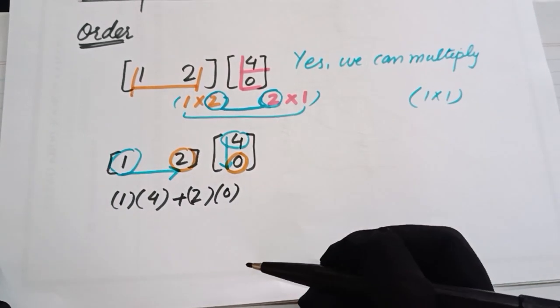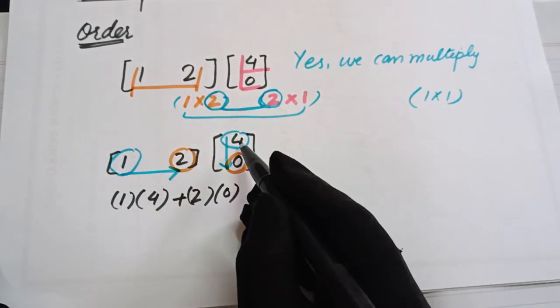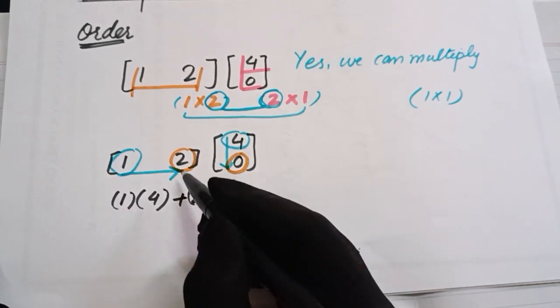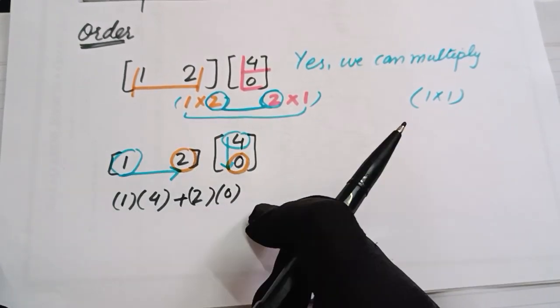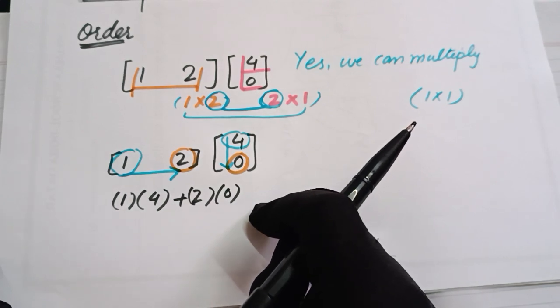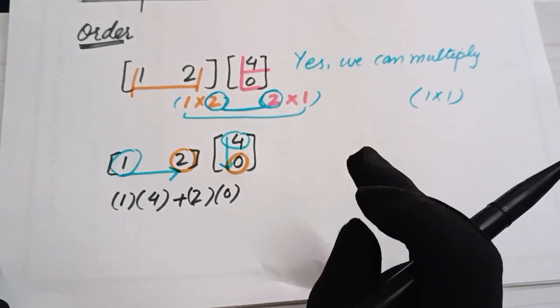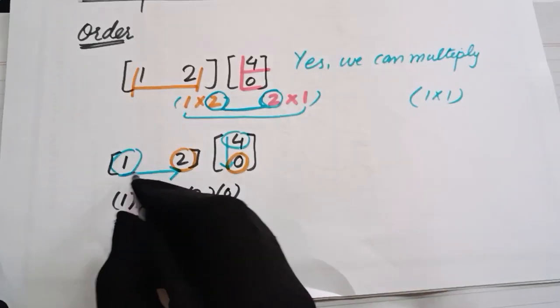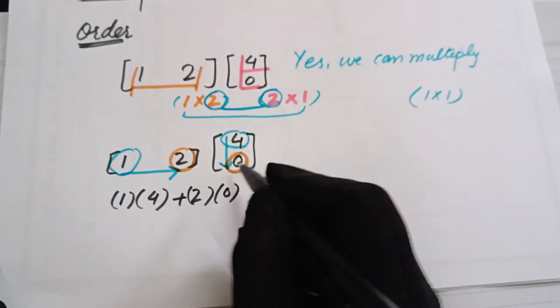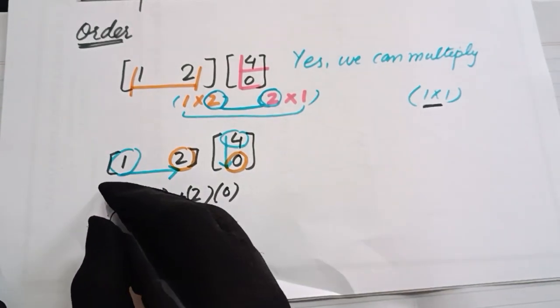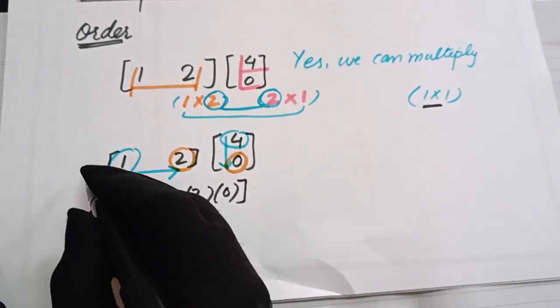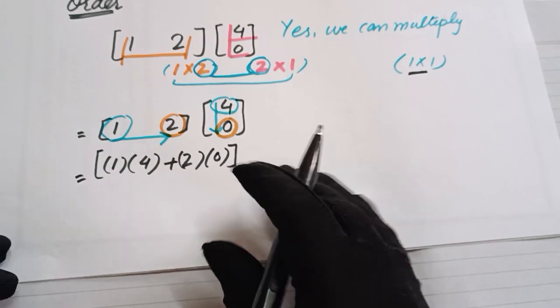It is better to use the brackets. Tail multiply by tail plus head multiply by head. Until the arrow finishes, you will keep on adding all the elements, until the head is multiplied to head. Now because only one row is multiplied to one column, the order should be 1 by 1 for the resultant product. So this matrix multiplication is done.